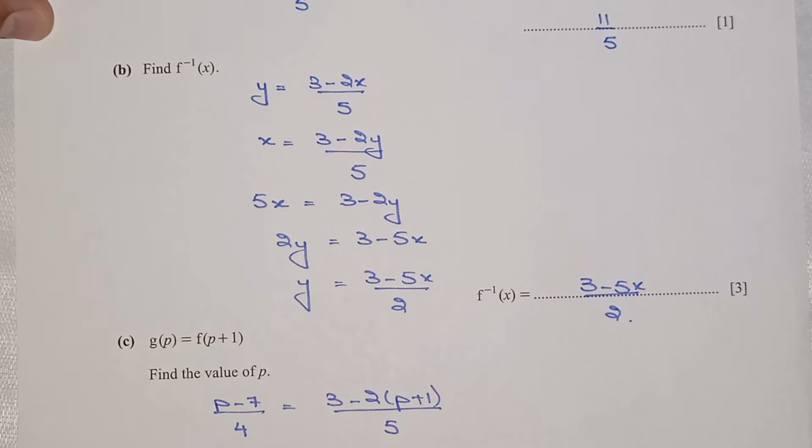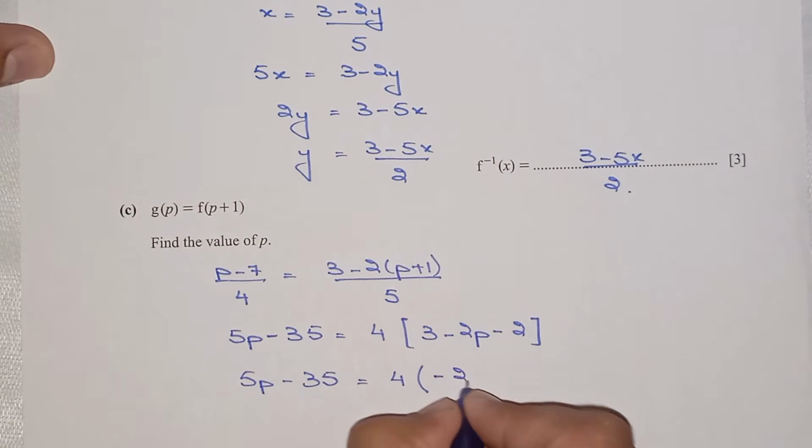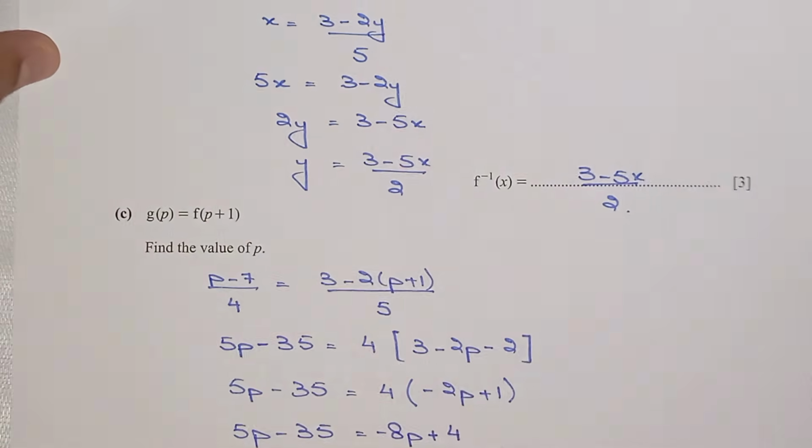This would be equal to 4 times 3 minus 2p minus 2. 5p minus 35 would be equal to 4 times, we have minus 2p plus 1. So 5p minus 35 would be equal to 4 times 2 minus 8p plus 4.